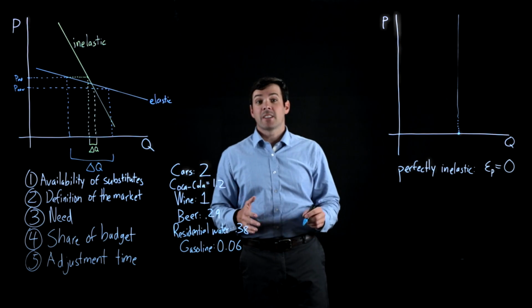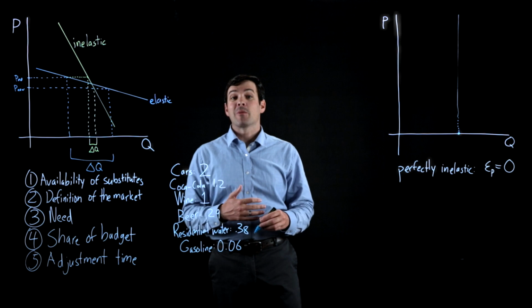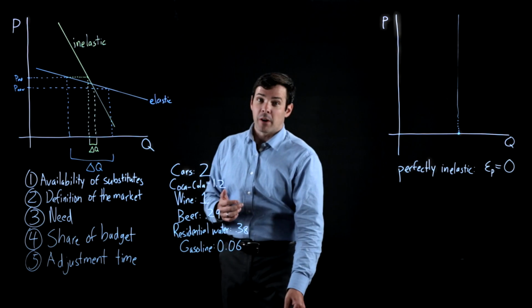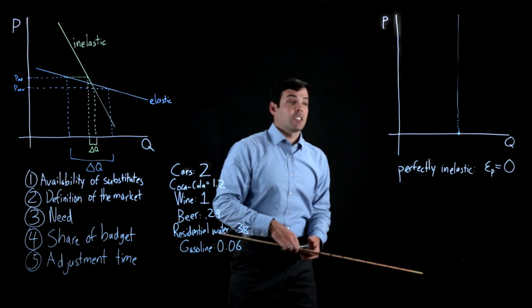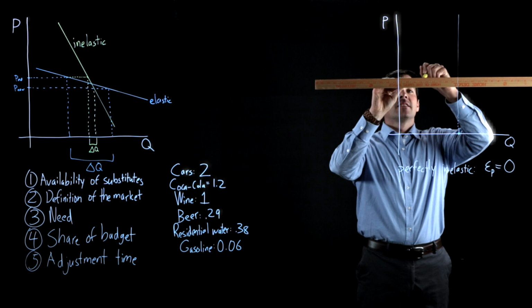This is an extreme example, of course, but you could imagine something like your demand for water after being lost in the desert for a day as being pretty close to perfectly inelastic. Now I'm going to draw a perfectly elastic demand curve. It's going to run horizontally, side to side.